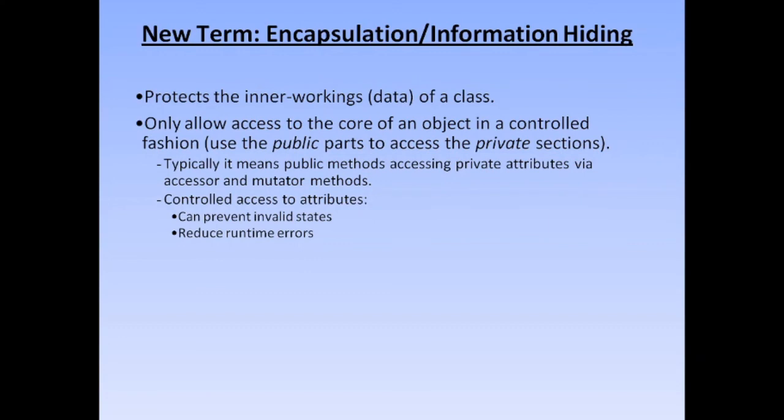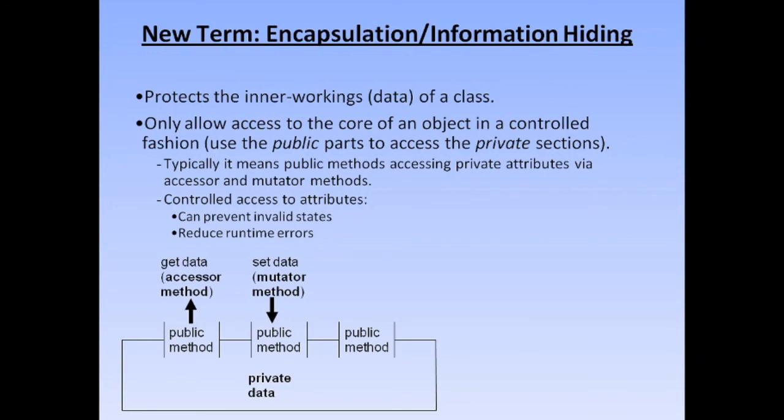And what is information hiding? Information hiding is a term very related to data abstraction. That is, whatever information we want to expose to different levels of users, with the help of private, protected, public and default keywords and scope, we are able to provide data abstraction.